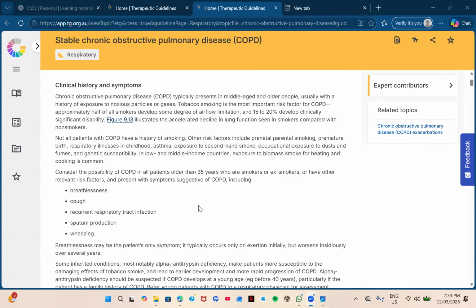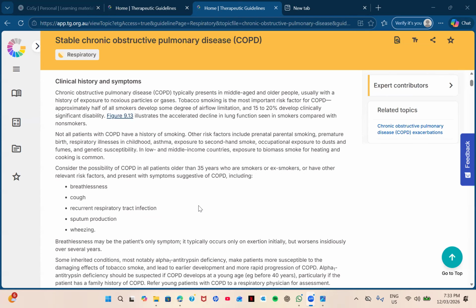And tell me how we should diagnose this COPD. How should we diagnose COPD, doctors? Spirometry. Okay, what can we see during the spirometry? What can you see during the spirometry?